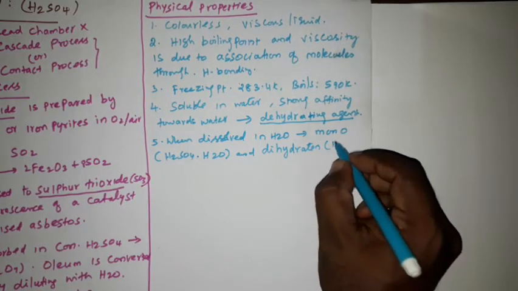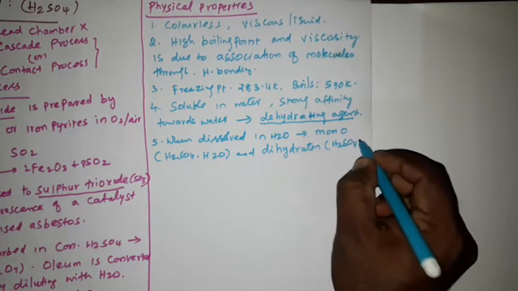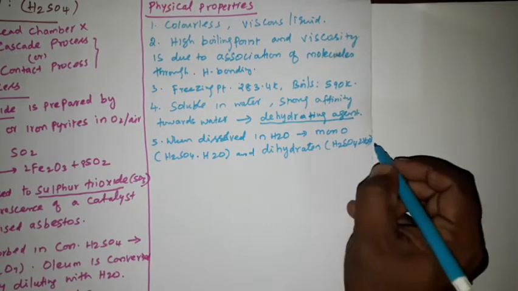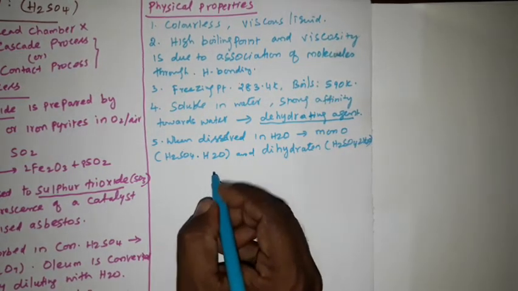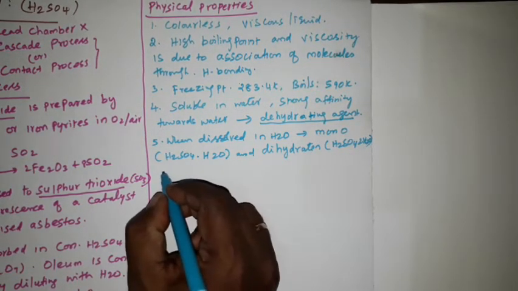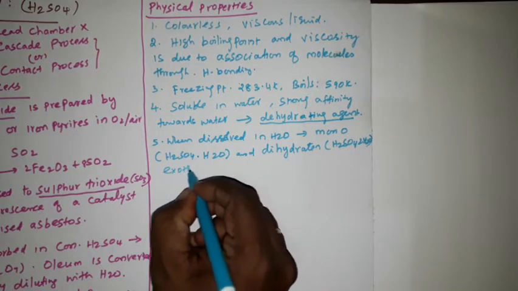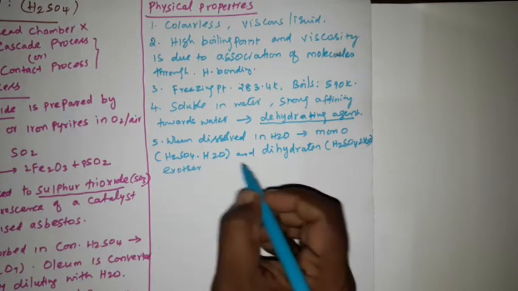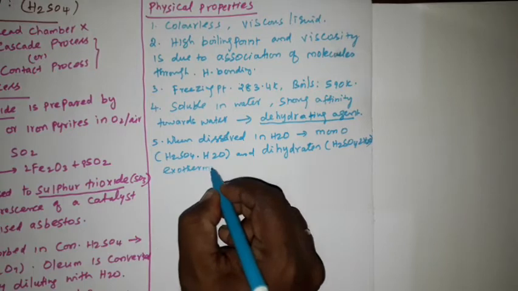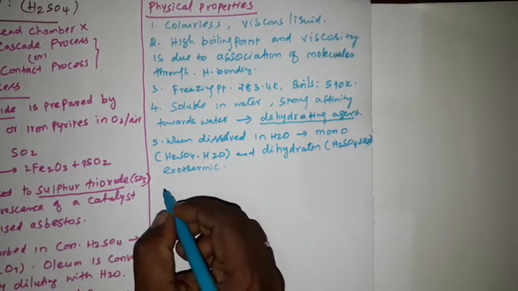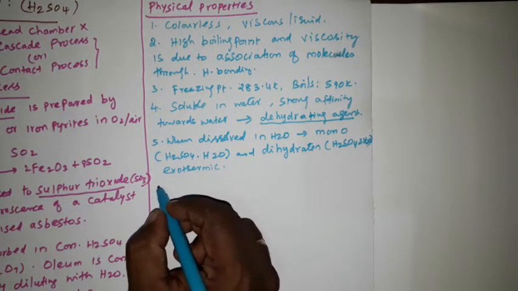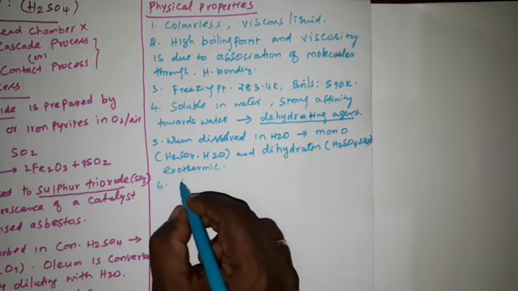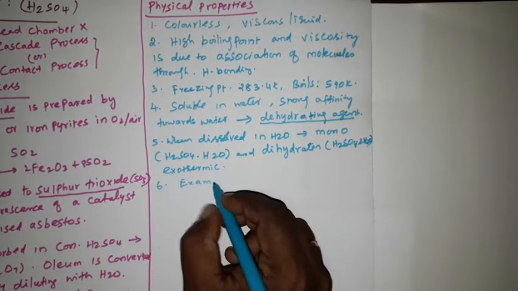Di means 2, so H2SO4 dot 2 H2O. Okay, and the reaction is exothermic. So when these hydrates form, the reaction is an exothermic reaction. Okay, so we can get the examples for dehydration.